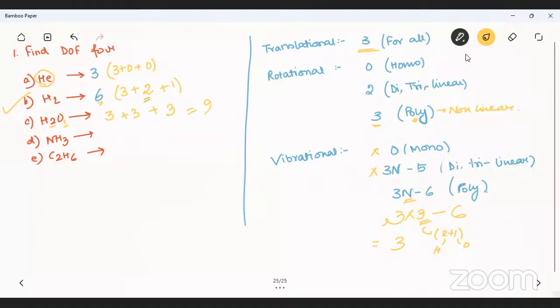Sorry, someone told 9 and I made the mistake. So is this part clear, how we are calculating for water? Yes, ma'am. Okay, so now tell me ammonia. 12, ma'am. Before this, take a screenshot of this page, how to calculate for water.